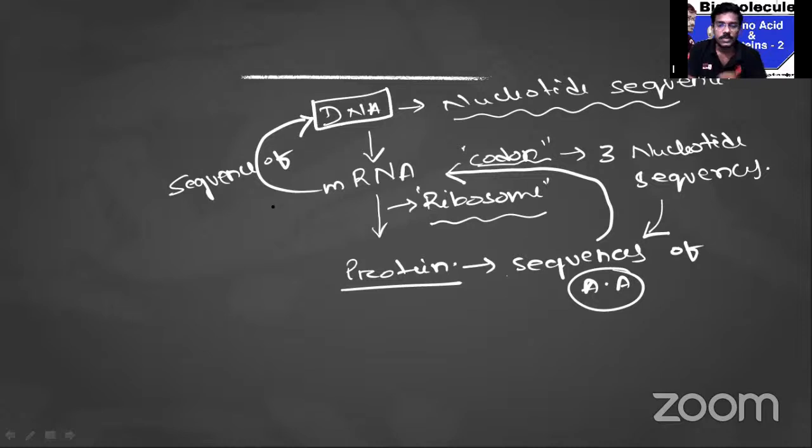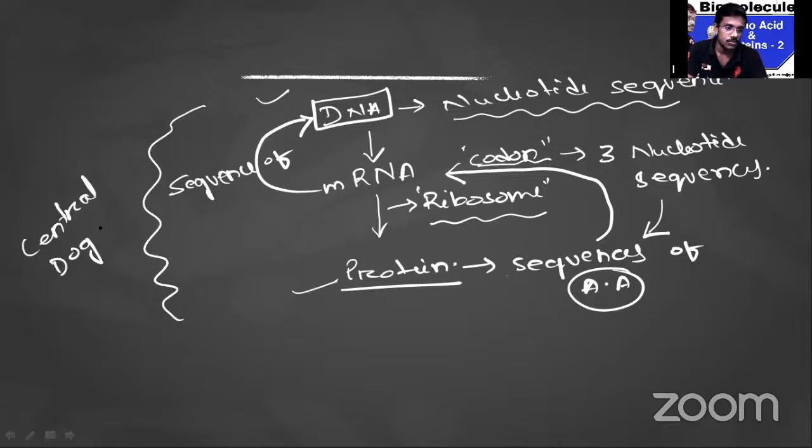So this flow of information from DNA to protein synthesis is called the central dogma. This whole process is the central dogma.